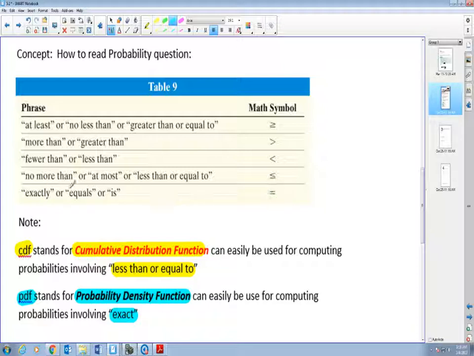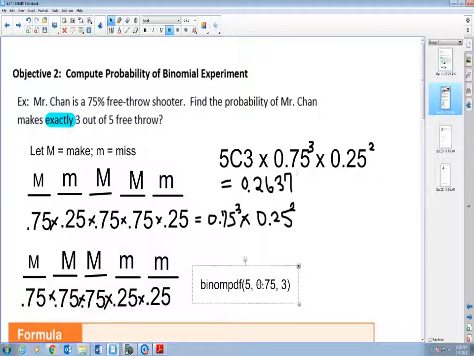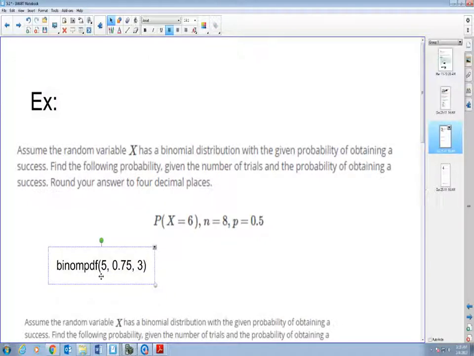So I want to find the probability of exactly 6 successes. Number of trials is 8. Probability of success is 0.5. This is going to be binomial PDF because I'm doing exact.